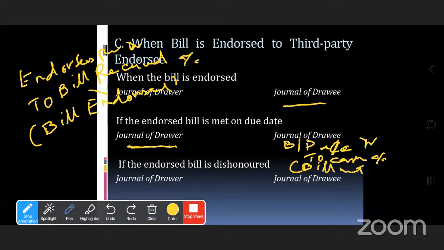Now, if the drawee fails to pay the amount on the due date, then the bill gets dishonored. So the endorsed bill is dishonored.